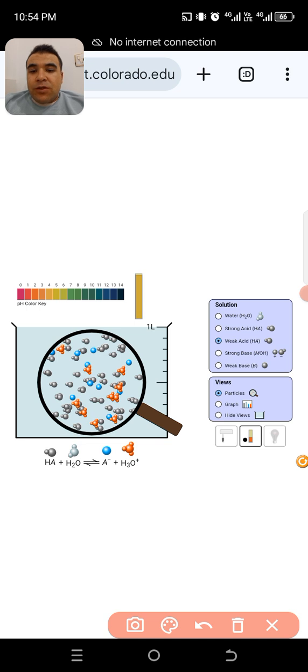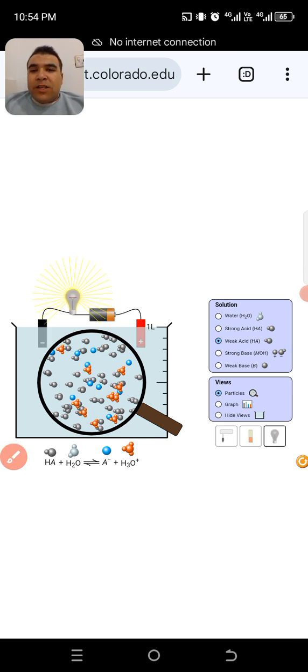As you can see, this is the range of 4.5 and has the color of that range. In terms of conducting electricity, guys, it's a weak conductor of electricity. As you can see, the bulb sparks switched on, but is not as strong as with the strong acid.